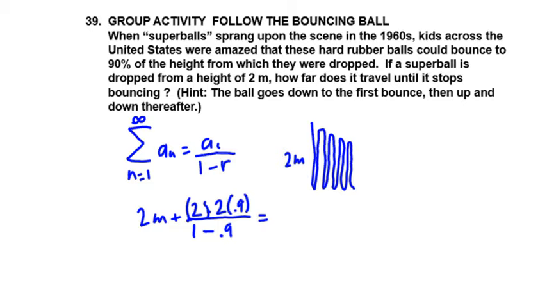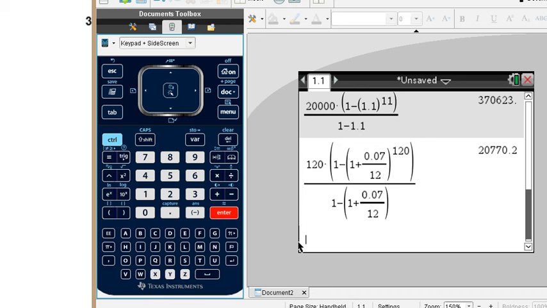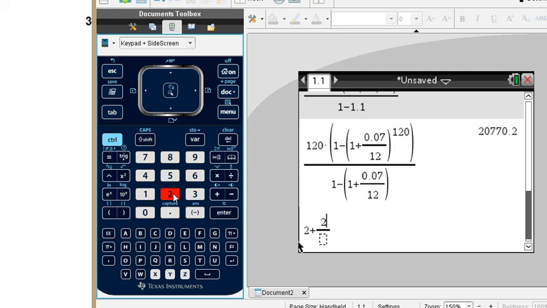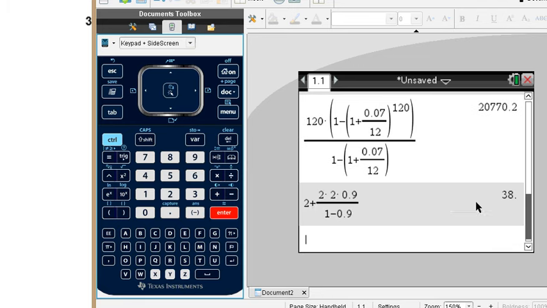So we go to our calculator and we press in 2 plus, we get our division here. We have 2 times 2 times 0.9 over 1 minus 0.9. And here we get 38 meters total.